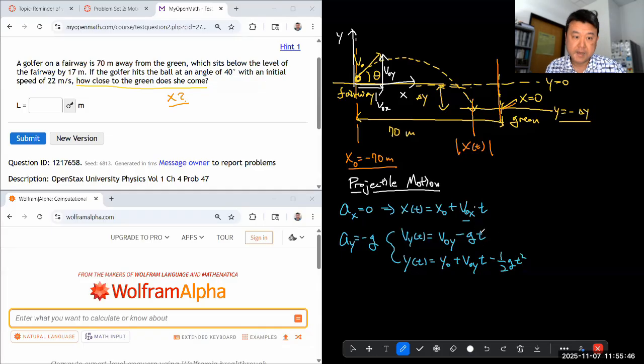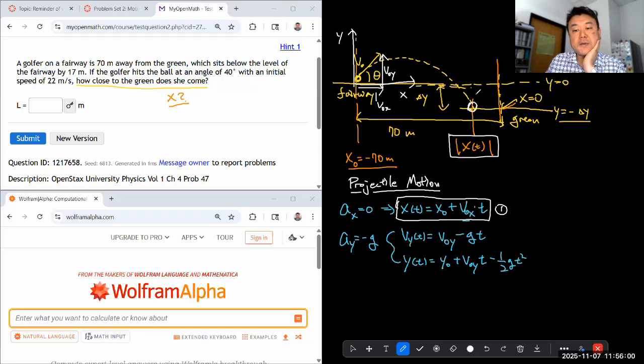So it asks how close to the green she comes, so you are looking for this. So you know you are eventually going to end up using this equation. Now the problem is you have two unknowns. You don't know the time at which the ball lands on the same plane as the green. So time is an unknown, the final time, of course, you are looking for it.